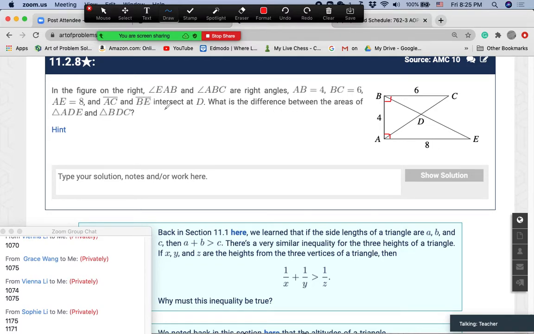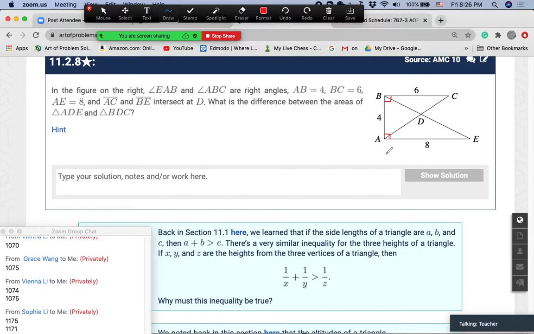AC and BE intersect at D. What is the difference between the area of ADE and BDC? Okay, this one and this one. They ask you what is the difference between these two triangles.